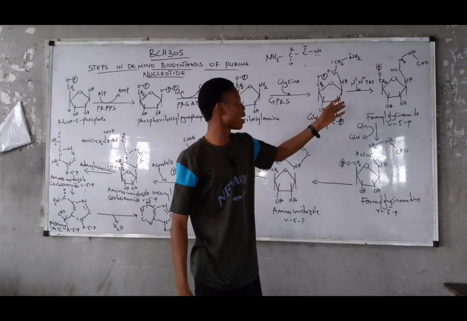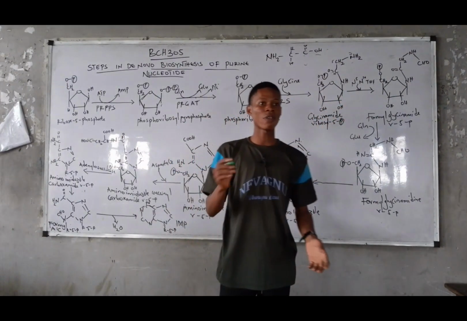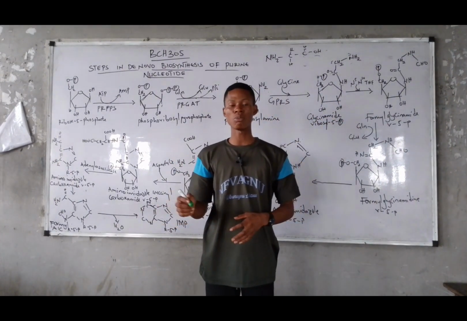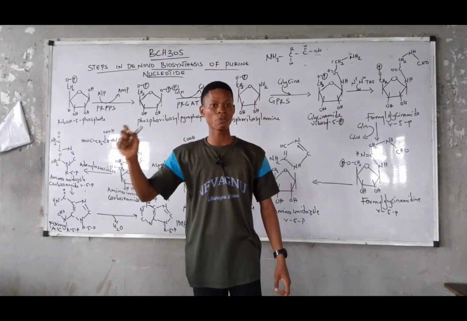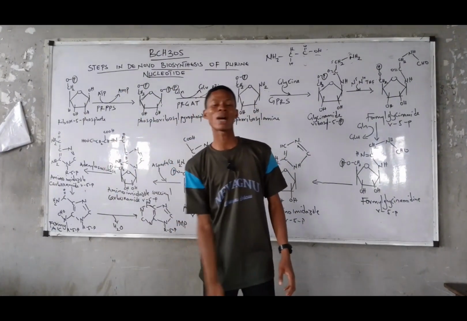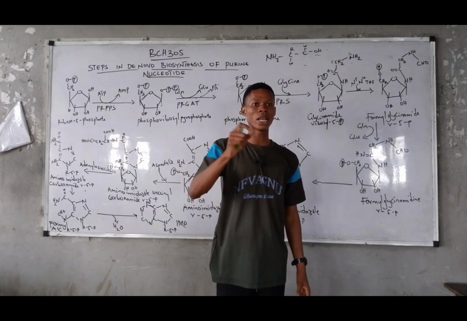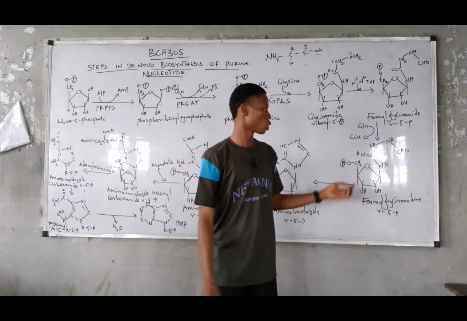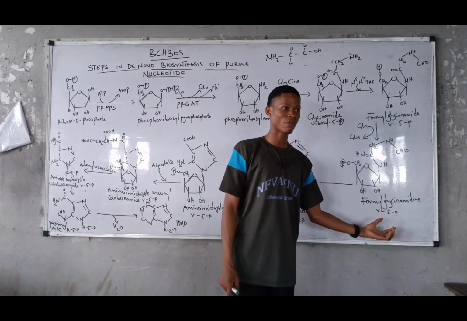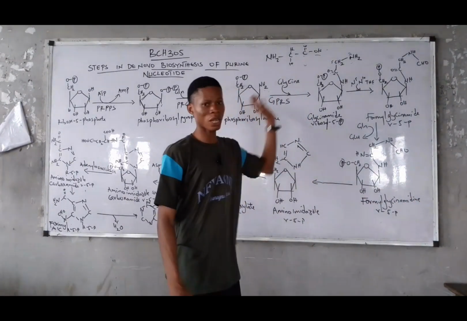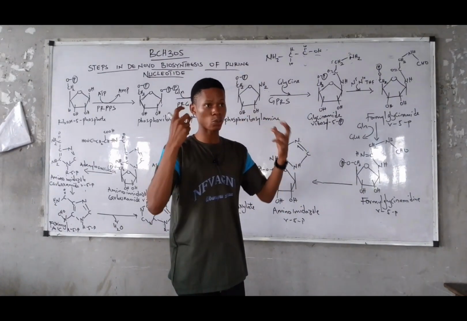From glycinamide ribosyl-5-phosphate, N5, N10 tetrahydrofolate came in and we got formylglycinamide ribosyl-5-phosphate. Now glutamine comes in again to donate nitrogen 3 and we got formylglycinamidine ribosyl-5-phosphate. Good. I'll give you an acronym to remember all these names, but understand how it's moving.